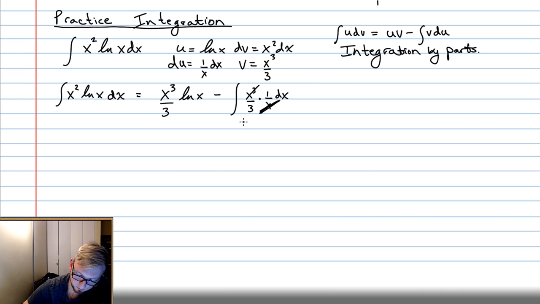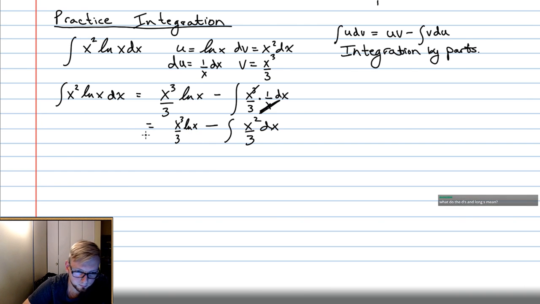This will cancel out, gives us x squared. What do the d's and long S mean? Okay, see, that's a good thing to know. So you're completely fresh.